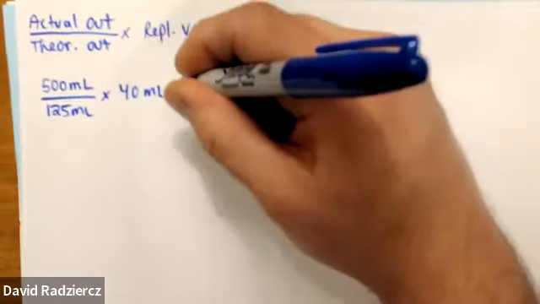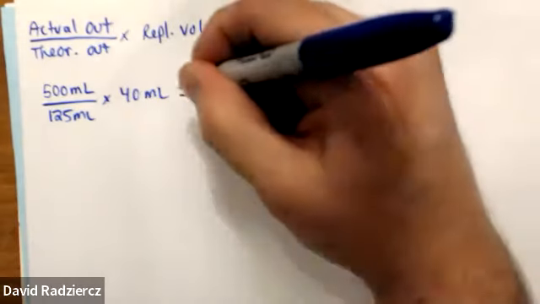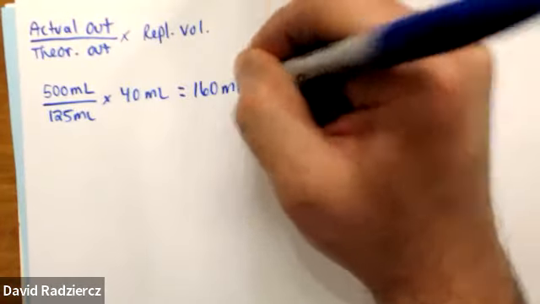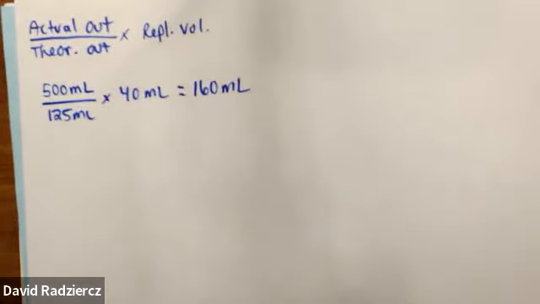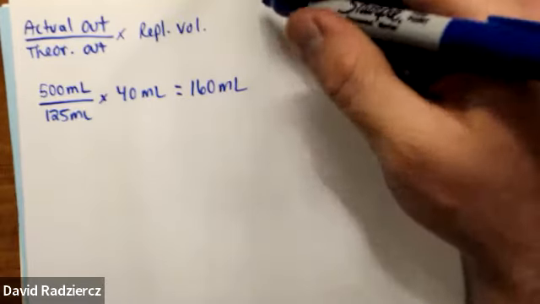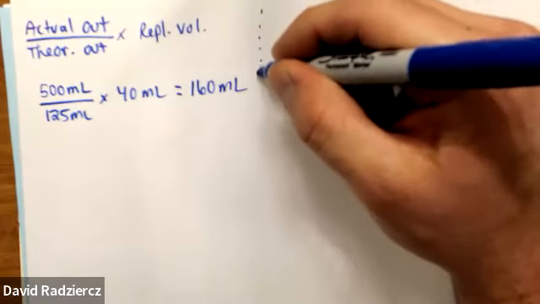And my replacement volume is the 40 milliliters. When I do that, I get a replacement volume of 160 milliliters. Okay, I see it now. Thank you. You're welcome.